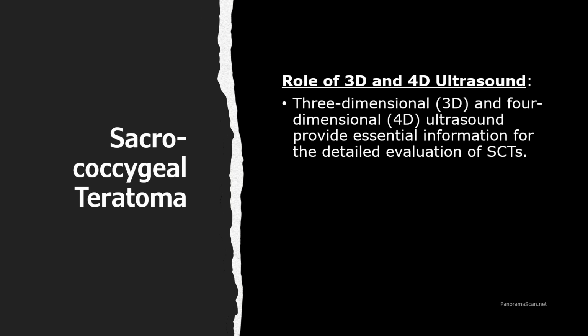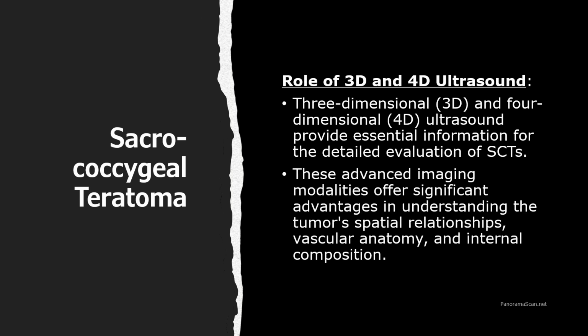These advanced imaging techniques offer significant advantages in understanding the tumor's spatial relationships, vascular anatomy, and internal composition. 3D ultrasound provides detailed volumetric images of the tumor, which helps assess its size, location, and the relationship with surrounding structures. 4D ultrasound, with its real-time imaging capabilities, allows for dynamic evaluation, providing insights into the tumor's blood flow and potential complications.